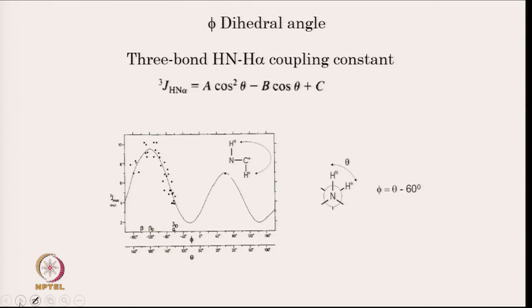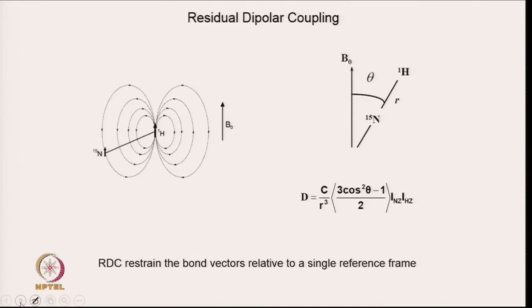I have already told you about the Karplus equation, which is this, and that can be used to get this dihedral angle theta, and that can also be used as a constraint when you are solving an NMR structure.